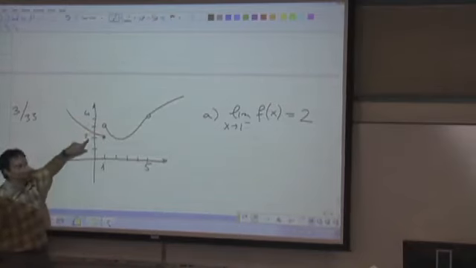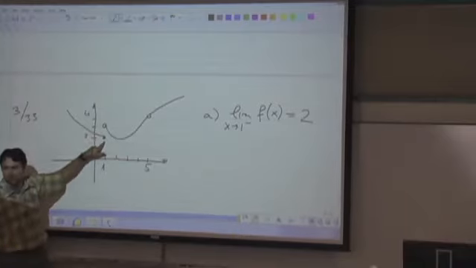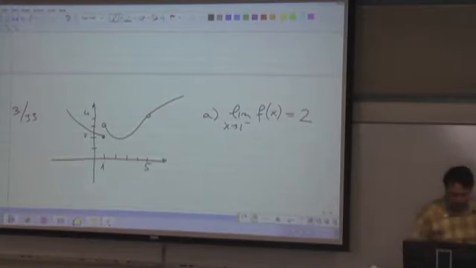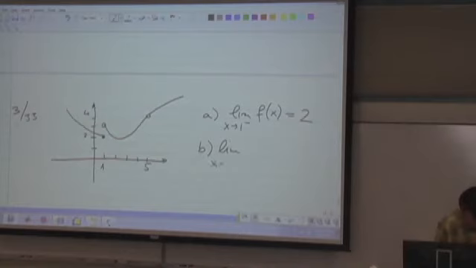I'll hit the value of 2, right? Very close to 1. Is that making sense? Okay. Part B. What is the limit as x goes to 1 plus of f of x? Three. Everybody understands why it's 3? Yes?